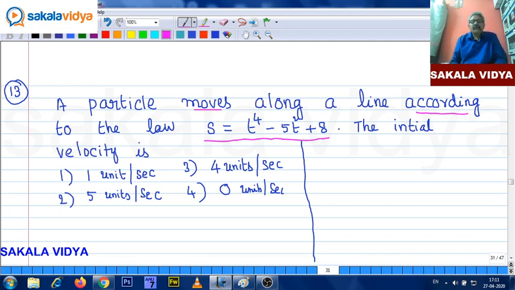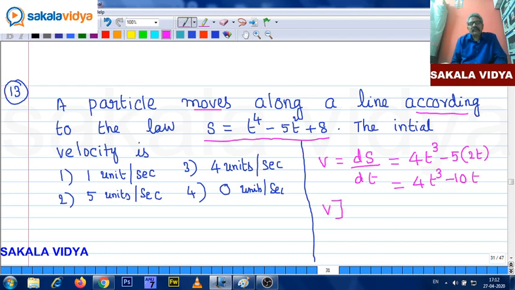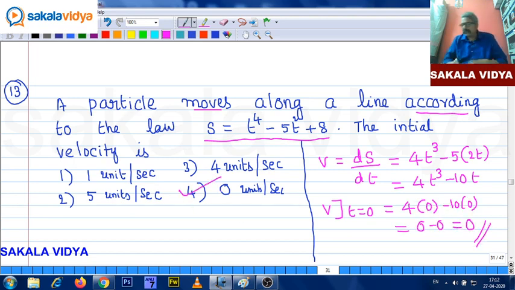So, now find ds by dt, velocity. ds by dt equals 4t cube minus 5t square differentiation, 5 into 2t, that is actually 4t cube minus 10t. Now, initial velocity means velocity when t is equal to 0, before starting, that is 4 into 0 cube, 0, minus 10 into 0, 0. So, this will be 0 minus 0, 0 only, initial velocity is 0. So, fourth option.